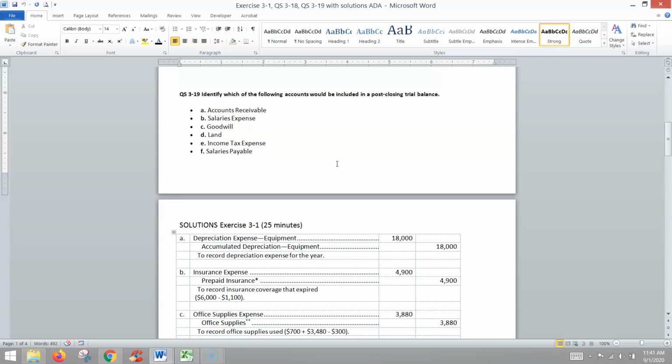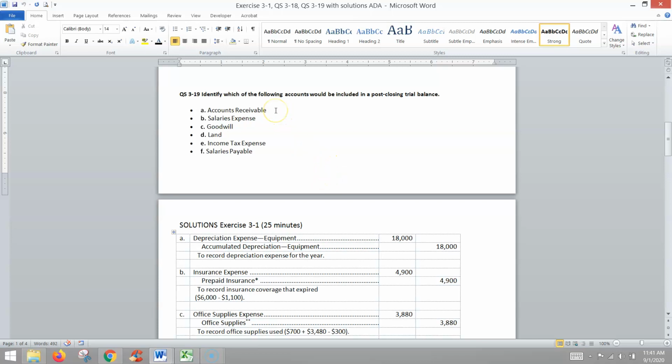All of the other accounts are temporary and have been zeroed out. So you think about if you have cash on December 31st, you still have the same amount of cash on January 1st. If you owe someone some money and you have accounts payable of $1,000 on December 31st, on January 1st, you still owe them that money. So it's just going to continue.